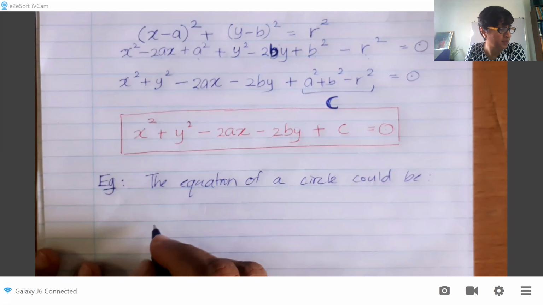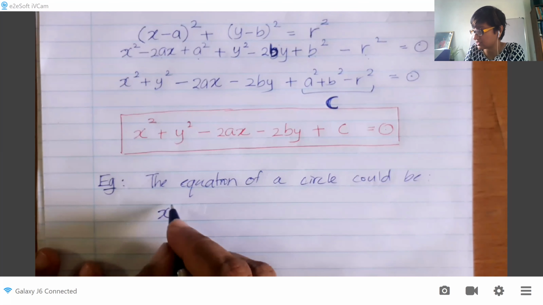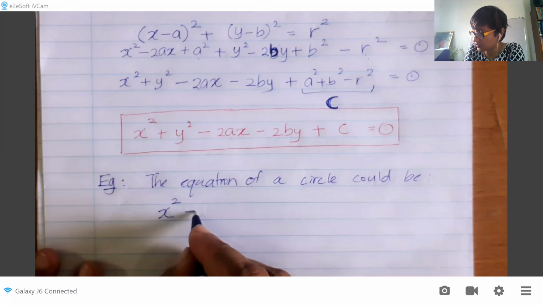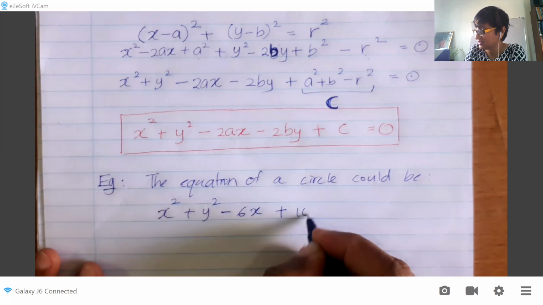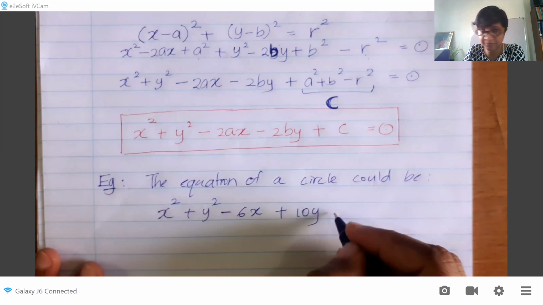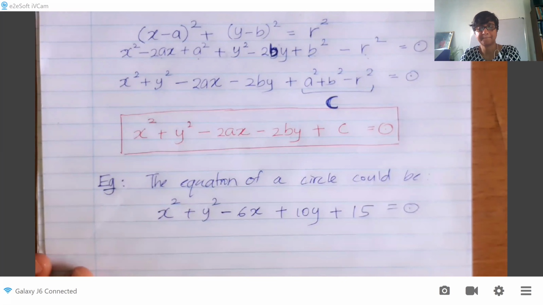Okay, I mean you can write your own. This is how it will look. It will have an x square term plus a y square term and an x term, something like minus 6x, plus 10y, and just a number term, plus 15 equals 0.